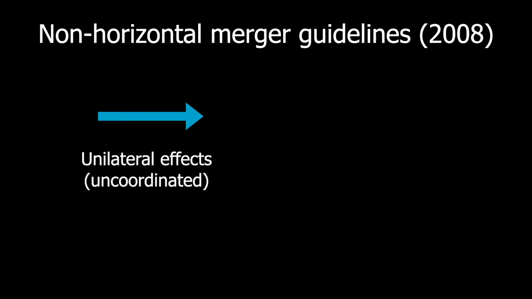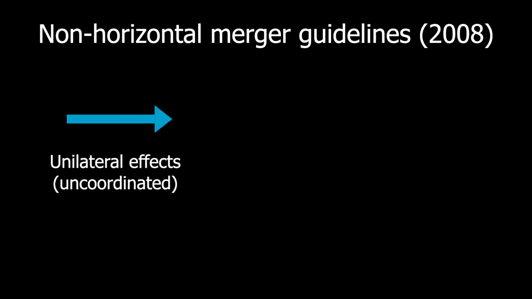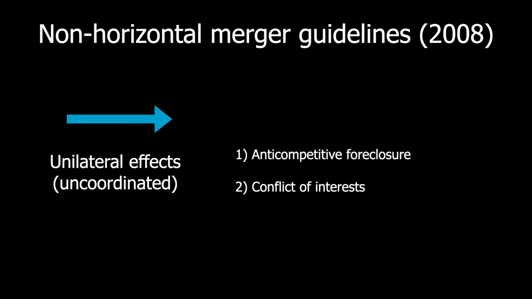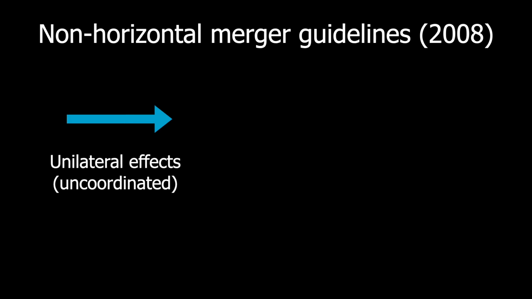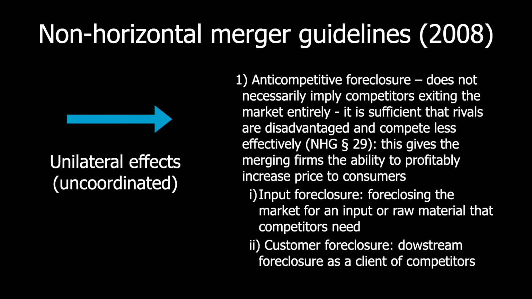In practice, the analysis of vertical mergers is mainly focused on the risk of unilateral effects. These may be considered at two levels: the risk of anti-competitive foreclosure in one of the markets concerned, and the risk of conflicts of interest created by the vertical integration. As to the risk of anti-competitive foreclosure, the Commission's guidelines set out two scenarios.